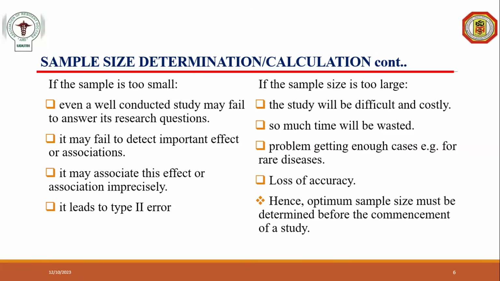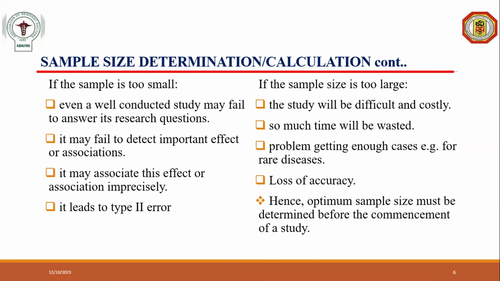But because the sample is too small, you don't have enough people to contribute to the measurement of this problem. You now conclude that the problem is not there, when in reality the problem is there. So this may lead to type 2 error.